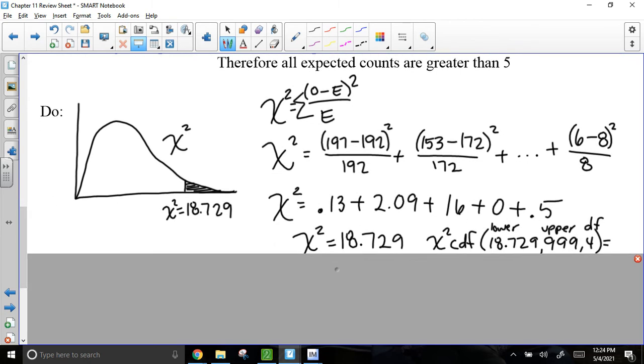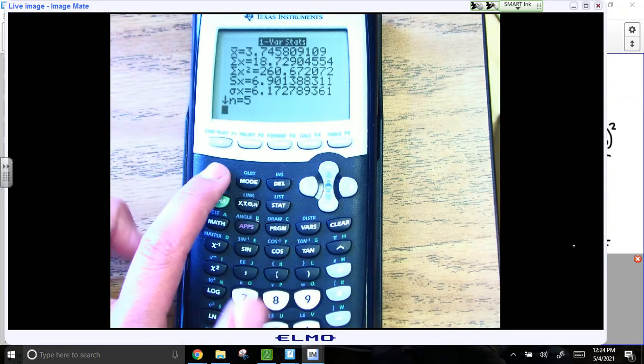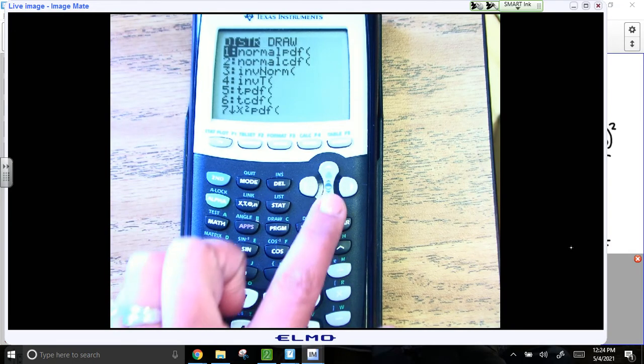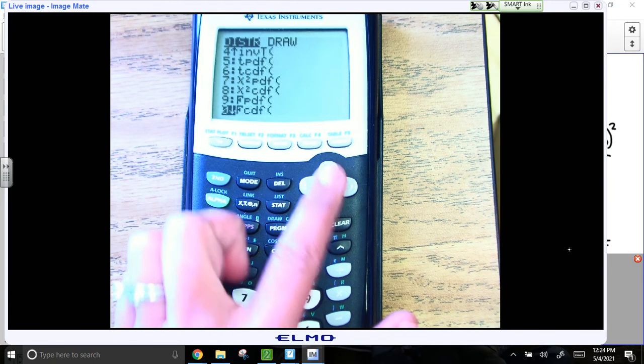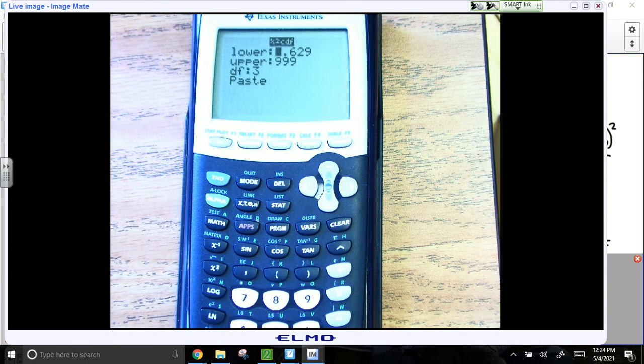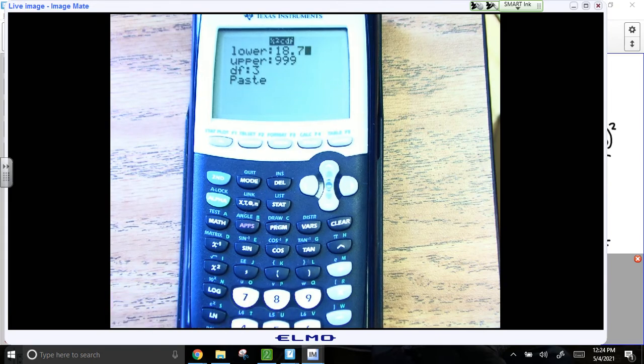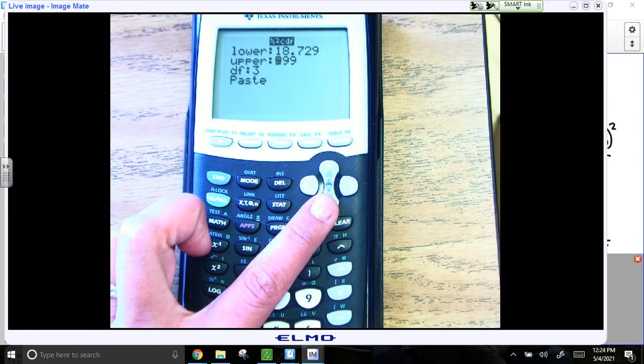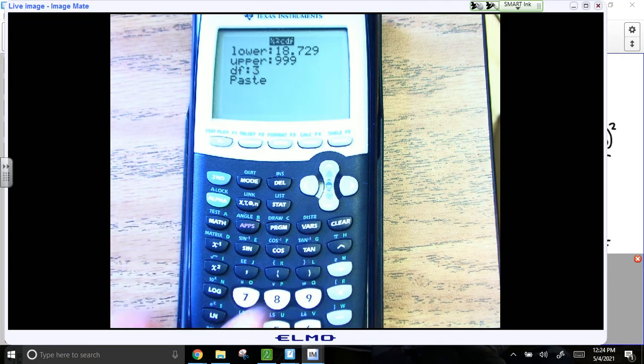So typing that into our calculator again, I'm going to go second distribution. Remember, it's option 8 for chi-squared CDF, and we type in 18.729, upper is 999, with the degrees of freedom of 4. So what do we get for that p-value?